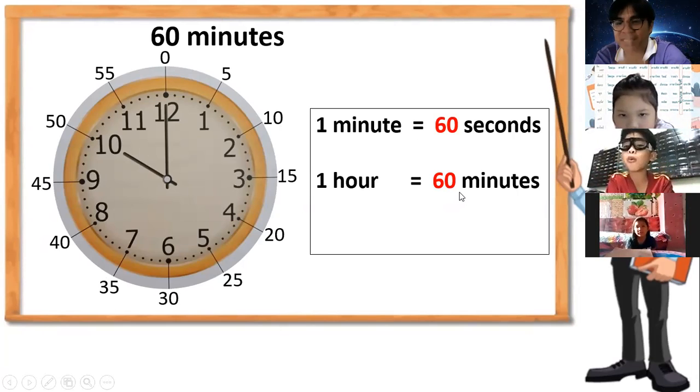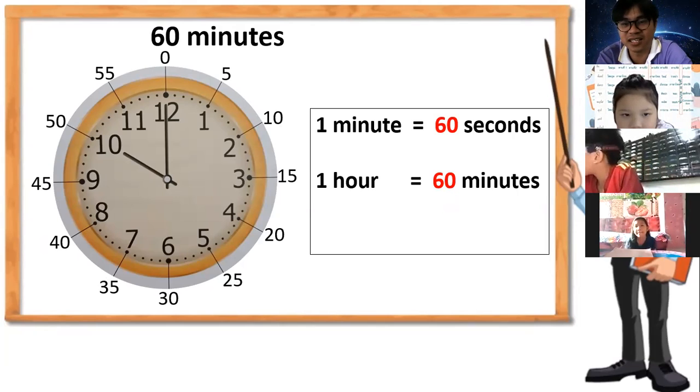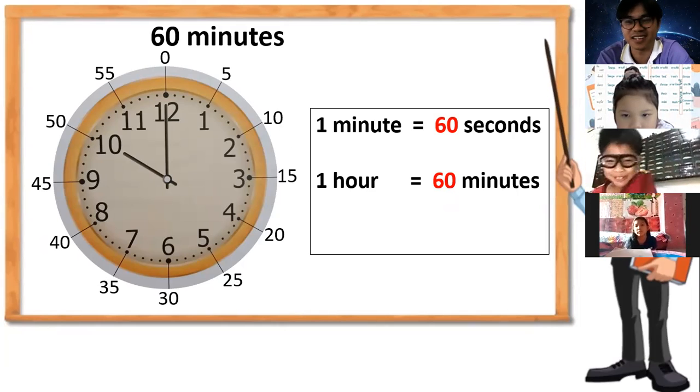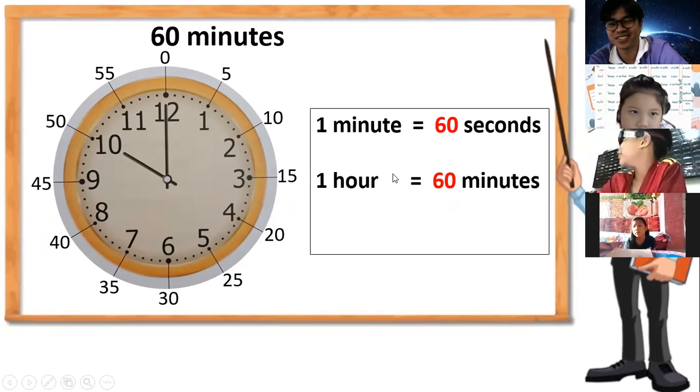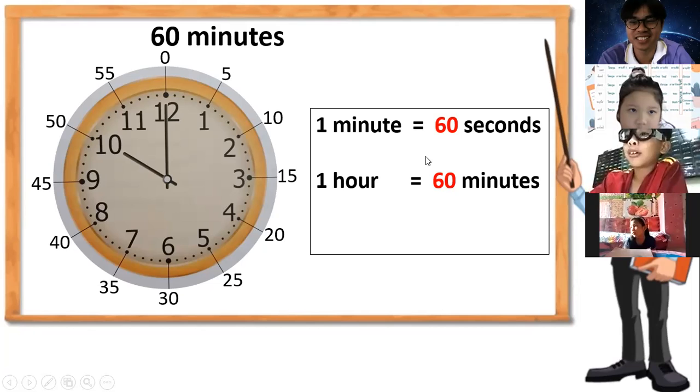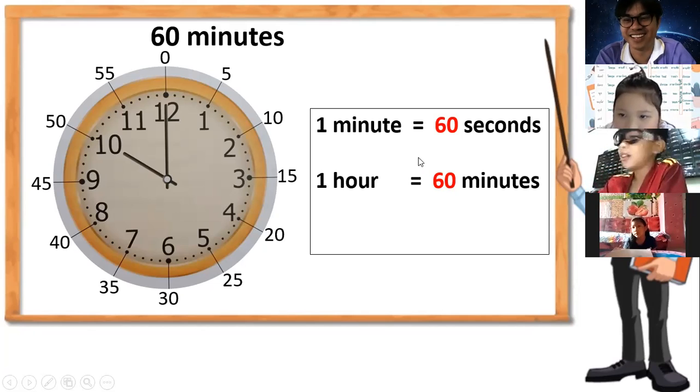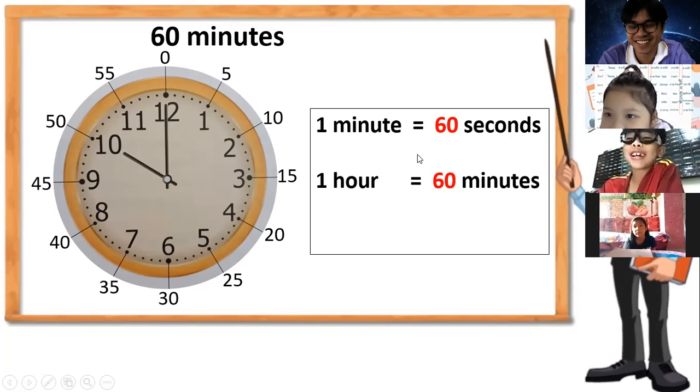1 minute, 60 seconds. How many hours in 1 day? Do you know how many hours in 1 day? 24 hours.